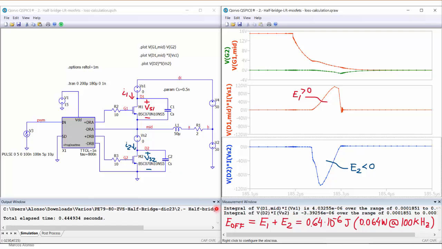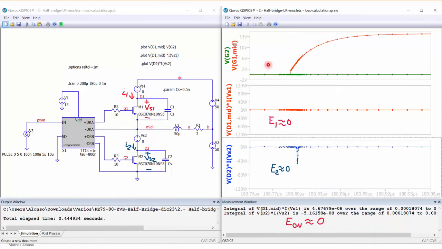So finally, the total losses that we have during the off transition of transistor M1 is the addition of both of them, and this gives 0.64 microjoules. So the operating frequency is 100 kHz, so this means that this is like 64 milliwatts during this transition each time this transition takes place.